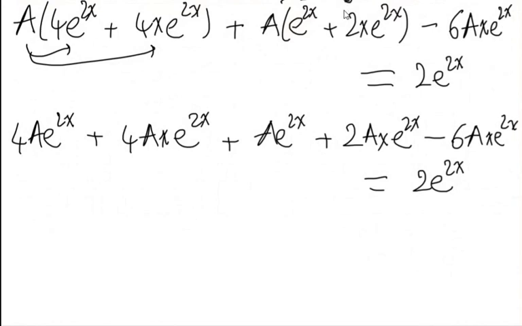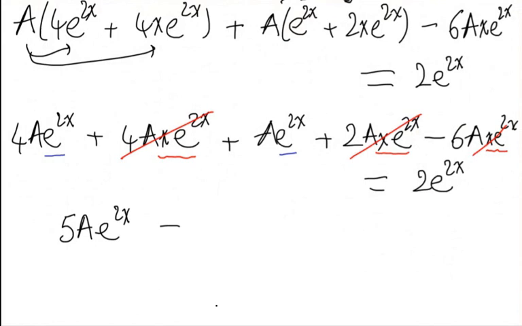Collect like terms: terms with e to the 2x alone, and terms that have x e to the 2x. You can see that we have 4ax e to the 2x, plus 2ax e to the 2x, minus 6ax e to the 2x. So these cancel out, and we are left with 5a e to the 2x equal to 2e to the 2x.